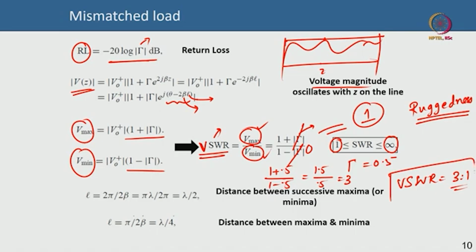So if you intentionally design a load such that when you couple the transistor to the load, 50% of the wave gets reflected back, suppose you are doing it by design, and you test the device performance, and it is still performing okay, within a certain limit of tolerance, within a certain spec, you can say the device performs okay up to a voltage standing wave ratio of 3:1.